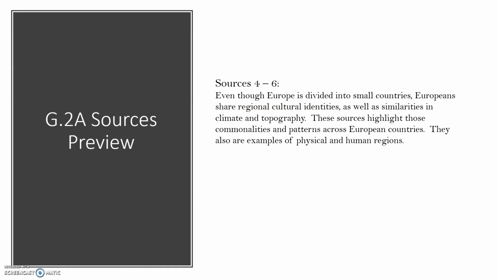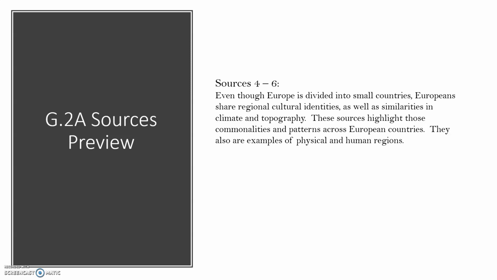So real quickly, we're just going to preview the sources for G2A. This is what you're going to be analyzing and discussing and answering questions about. So we're going to look at 3 maps of Europe. And even though Europeans are all individual countries, they also have some human characteristics in common.